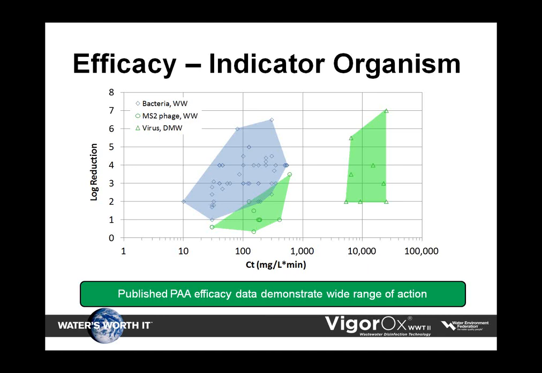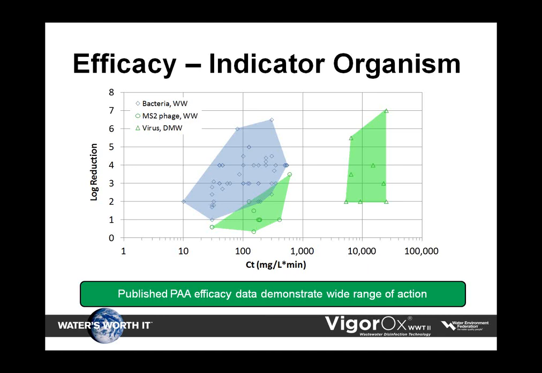Virus reduction in wastewater is typically not a concern and not part of NPDES permits in North America. So the literature here is very limited. There is some published data on PAA in wastewater for reduction of MS2, a common surrogate for viruses. These data points are represented with the green circles.